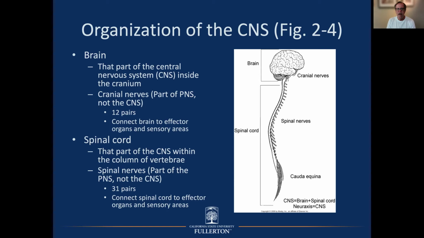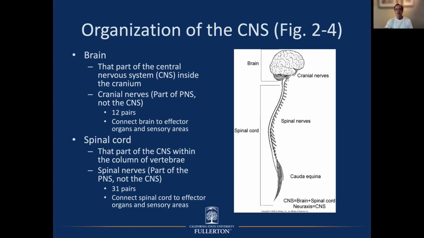And they connect the spinal cord to effector organs and sensory zones as well, but for the rest of the body, not for the head and the face and the throat area. Both spinal nerves and cranial nerves are not part of the central nervous system. They're part of the peripheral nervous system, or PNS, but they're shown here, and so I introduced them on the slide.